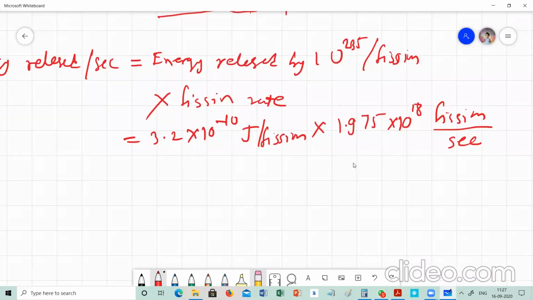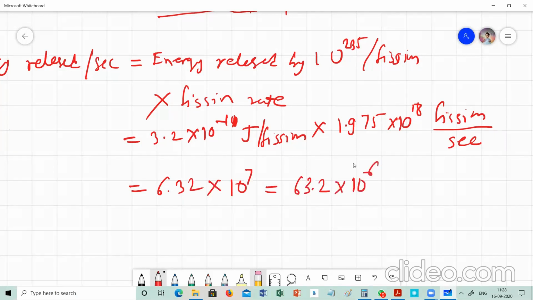If you do the multiplication, it will give 6.32 into 10 raised to minus 10 into 10 raised to 18, which is equal to 10 raised to 7, again equal to 63.2 into 10 raised to 6.